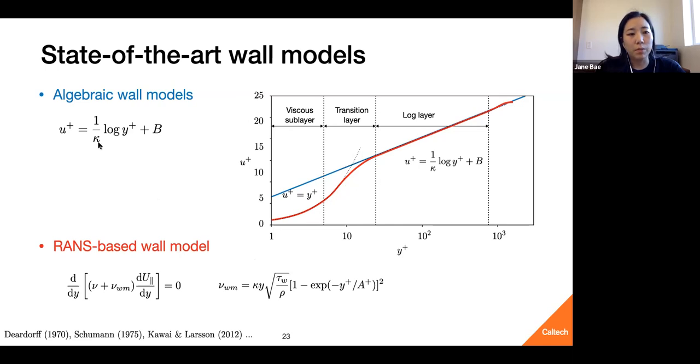One thing to note about both the algebraic wall model and the RANS wall model is that the wall models themselves contain kappa and b. Here you have kappa and b, and in the RANS wall model there is a kappa here, and this constant a, which relates to the intercept constant b. So basically, the wall model knows for a fact that this is the universal velocity profile.